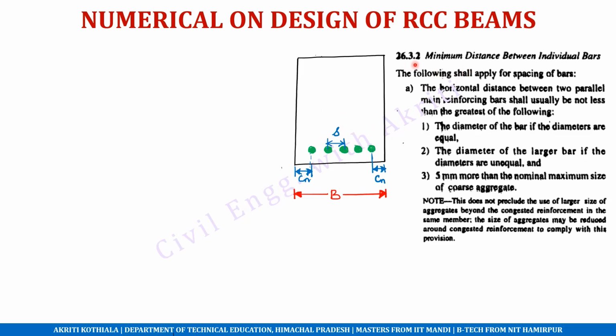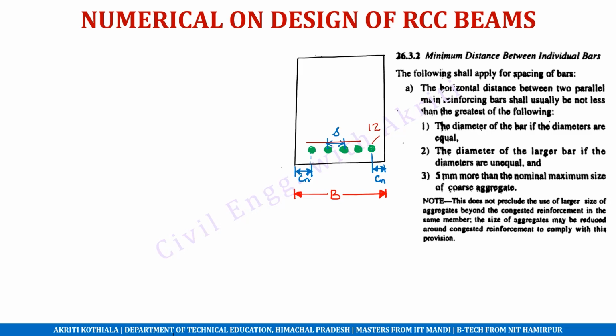So clause 26.3.2 of IS 456 tells us about the minimum distance between individual bars. It says that this minimum distance should be equal to the diameter of the bar if the diameters are equal, as in our case. Otherwise, it will be the diameter of the largest bar in case we are using unequal diameters. For example, we use these 3 to be 20 mm, these 4 to be 20 mm, and this one to be 12 mm.